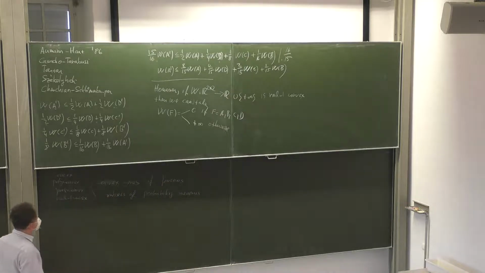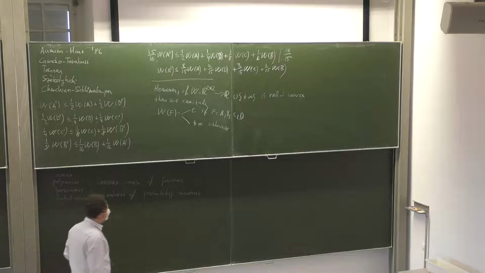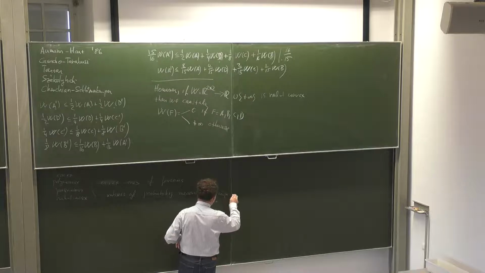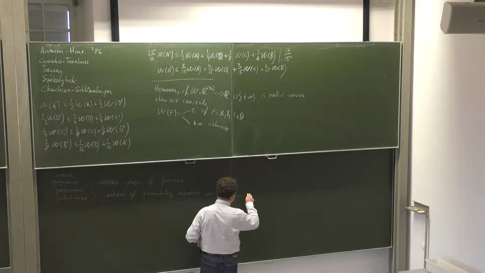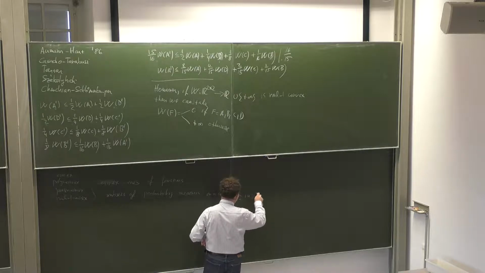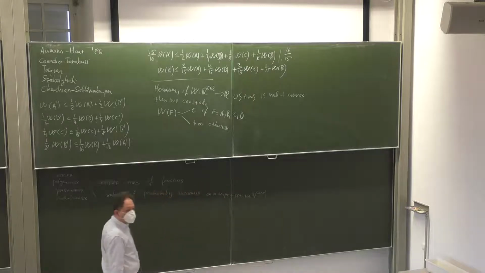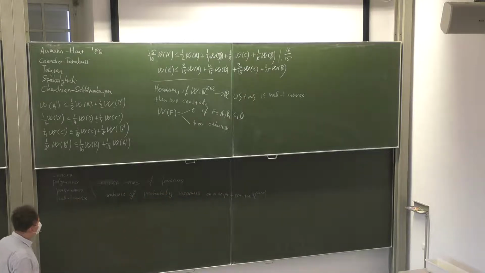So you can look at, sorry, on a compact set in R^{m times d}. So it's finite dimensional, so it's closed and bounded.